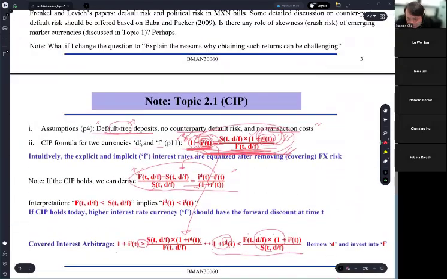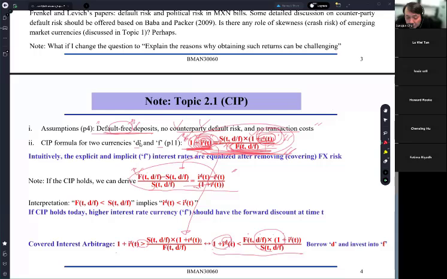When I derive this CIP relationship, we need default-free bonds, no counterparty default risk on the forward, right? Because of these assumptions, both investments can be risk-free. Now, this IF and ID are not going to be the reason for CIP violations. Then we have to take a look at this one here.